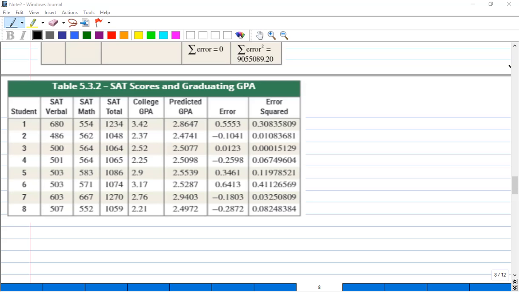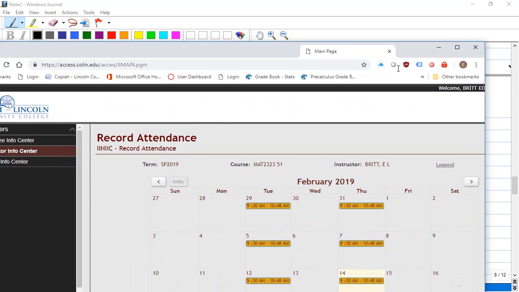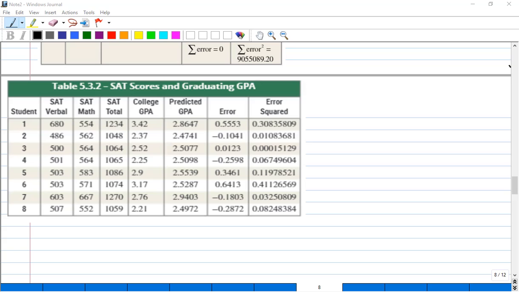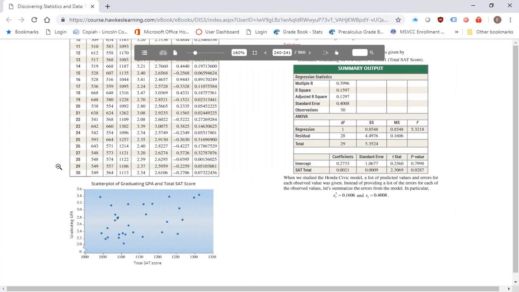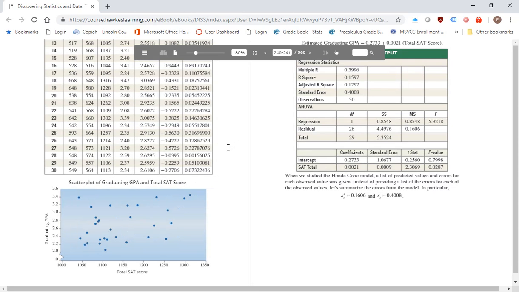So here is, hopefully pulling this over doesn't mess anything up. Maybe it'll still stay the same size. So here's 30 students and their GPAs. Here's the scatter plot.